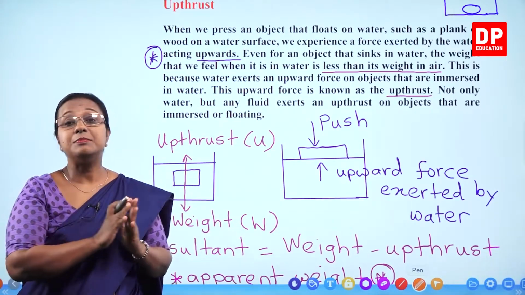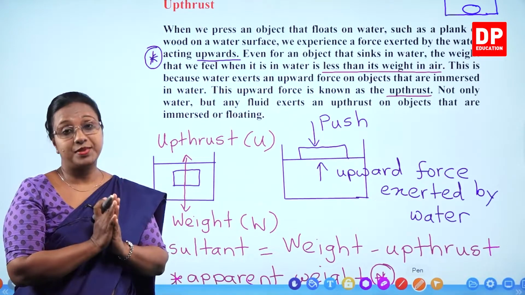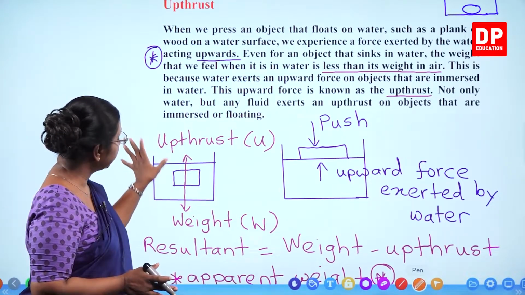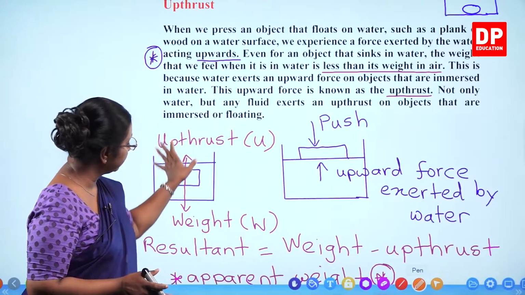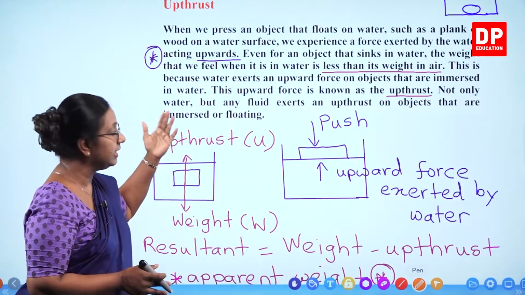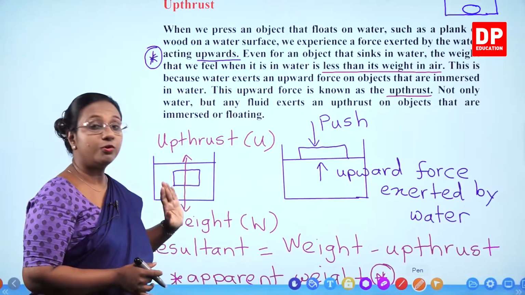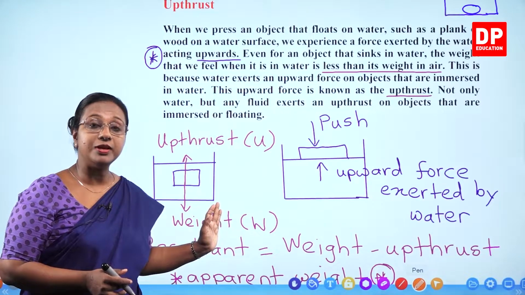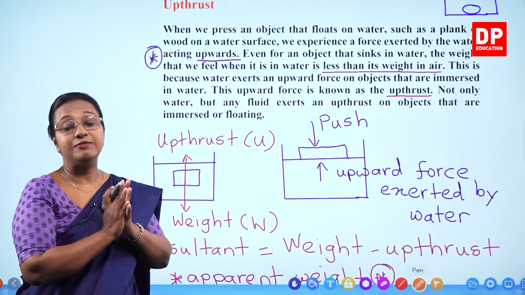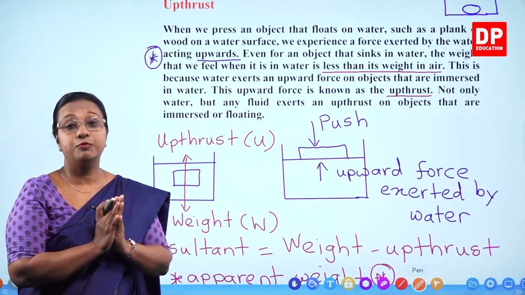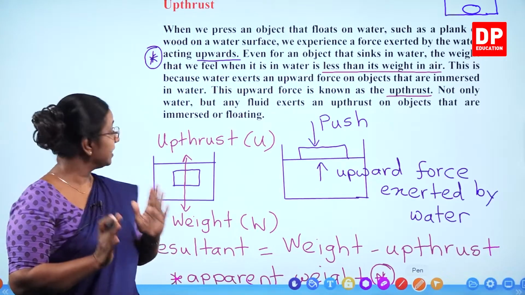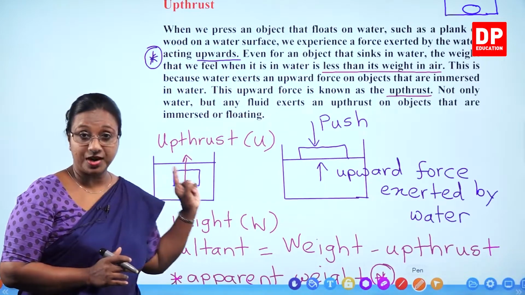So that is the basic concept of upthrust. Any object has a weight, and when it is either immersed completely or partially, it can be floating, it can sink in the fluid, but still the fluid will exert an upward force, upward thrust. That is what we call upthrust.